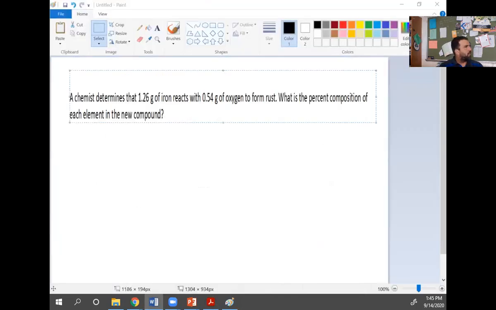A chemist determines that 1.26 grams of iron reacts with 0.54 grams of oxygen to form rust. What is the percent composition of each element in the new compound?